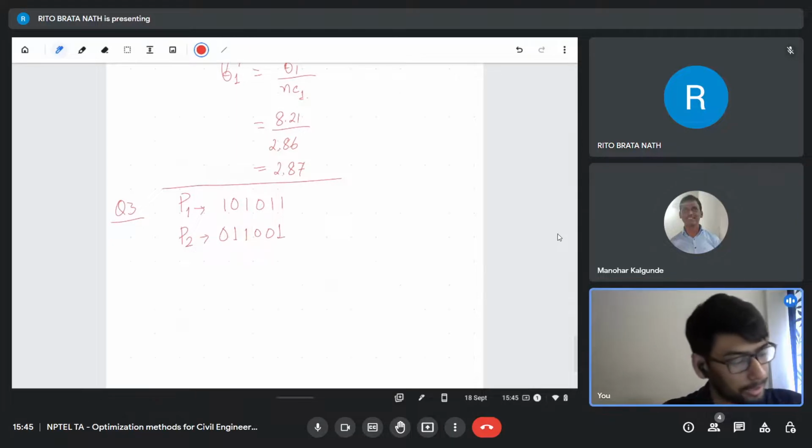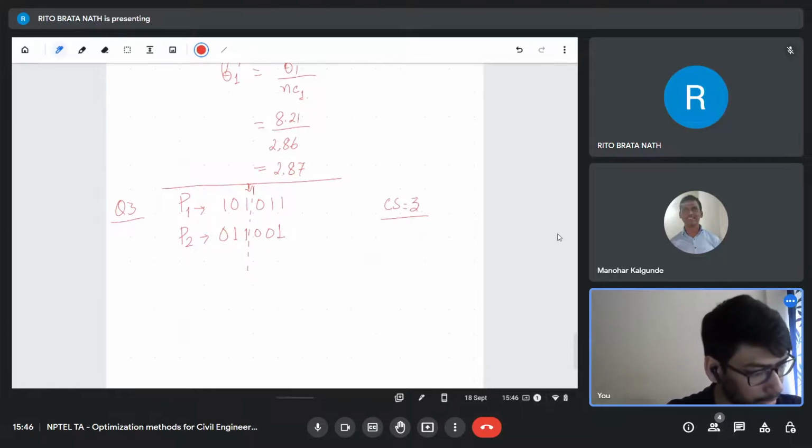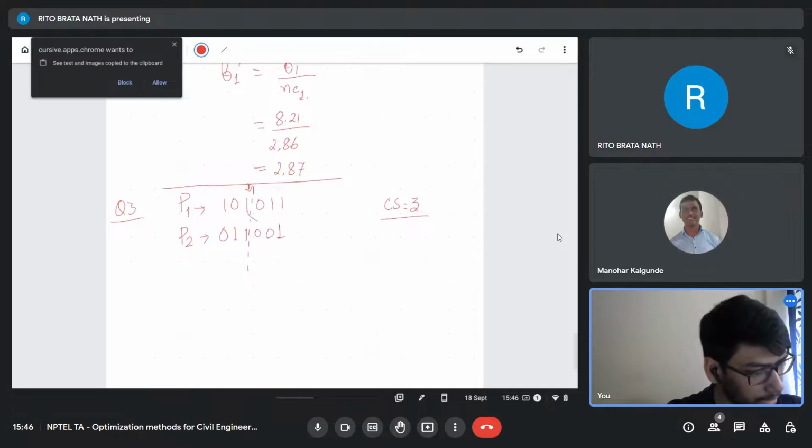I think in the previous class I was discussing this and I made some mistake. I said that this is your crossover site and you crossover from this point onwards, but I was going through the lectures of this session and I noticed that if your crossover site is 3, you're breaking it down from here, then moving this part to after this, and moving this part after this.